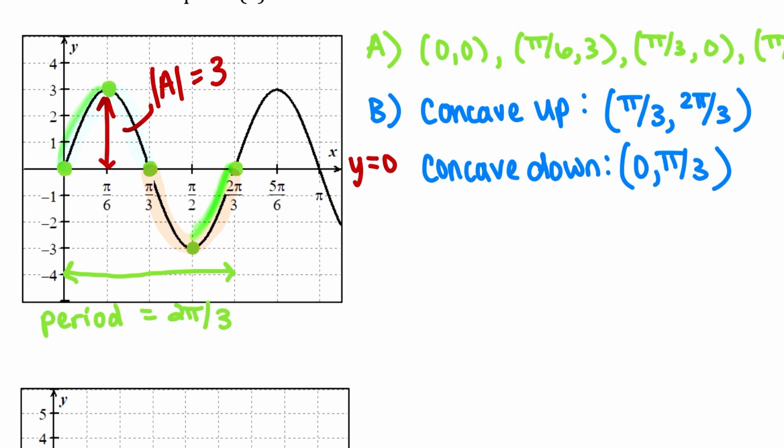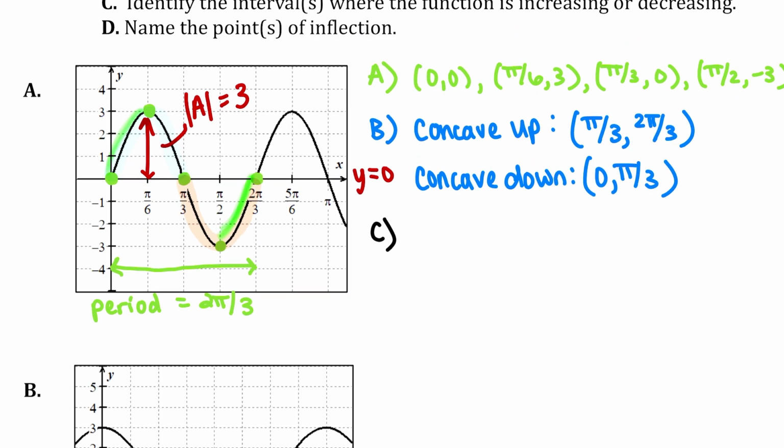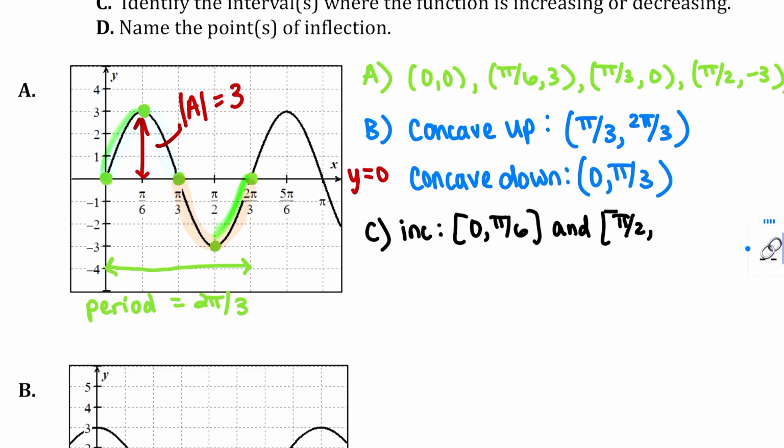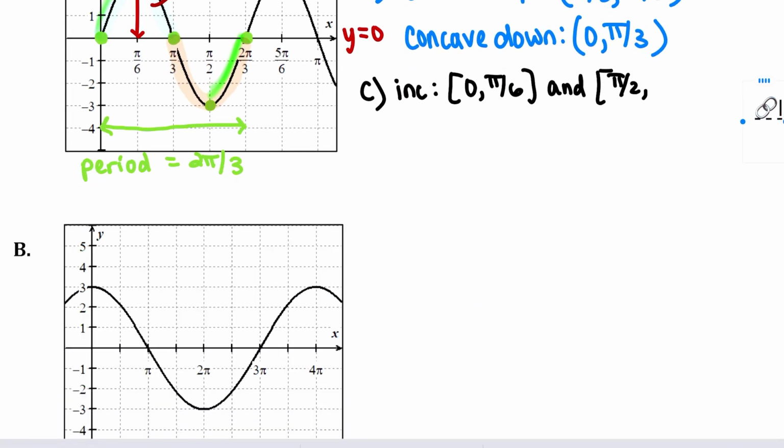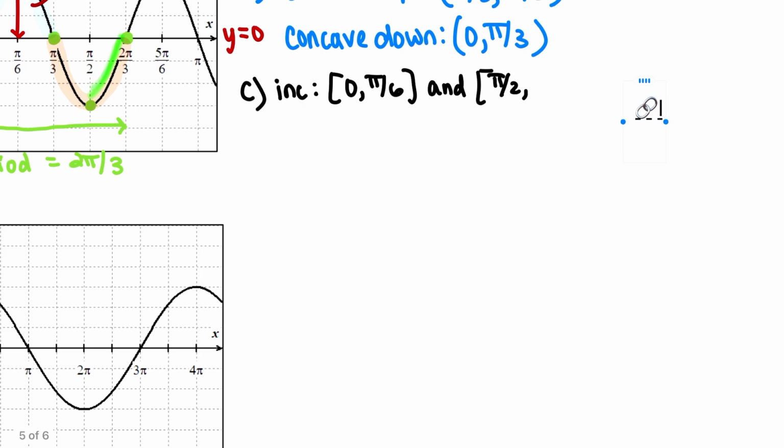All right, so part C, we have intervals of increasing from 0 to pi over 6, and pi over 2 to, not add link. What the heck is that? Okay.